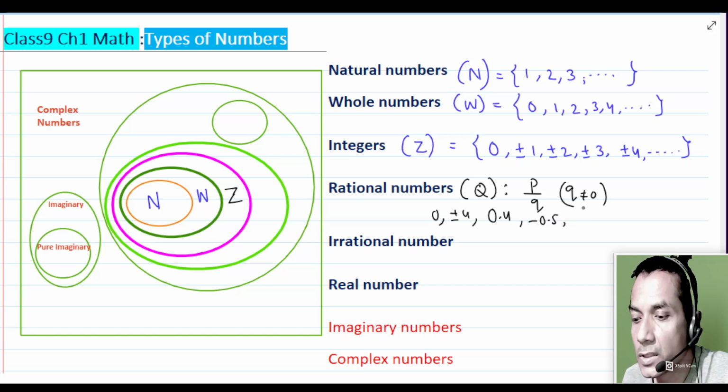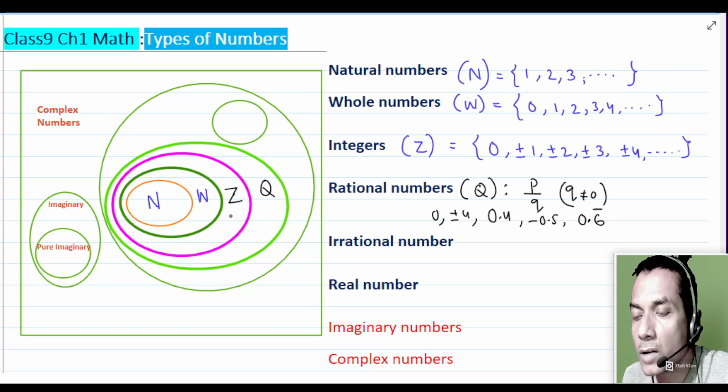Clear? So this is also a rational number. 0.6666 we can represent as 0.6 bar. This is a repeating non-terminating decimal, that is also a rational number. So this green circle represents all rational numbers. Clear?